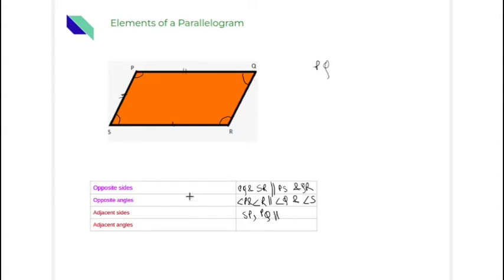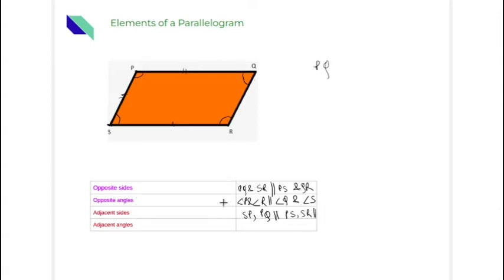You can also say SP is directly connected to SR. That means they have a common vertex. That's why these two are adjacent sides. Similarly, PS and SR are also adjacent sides. So, we will write PS and SR.